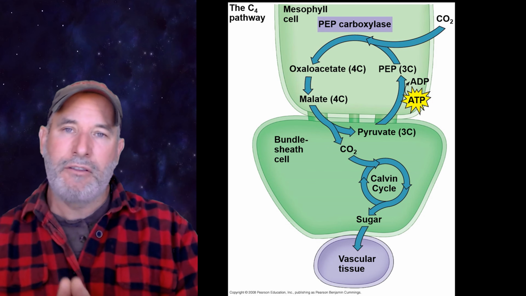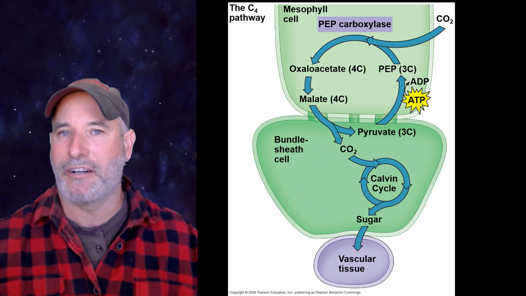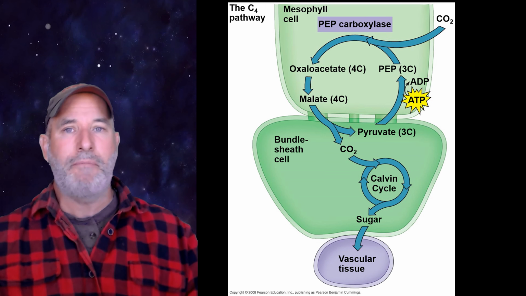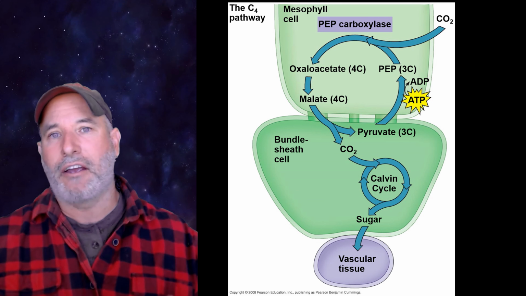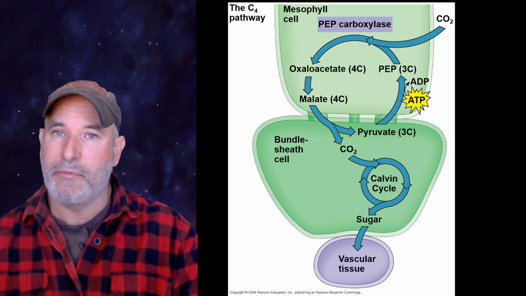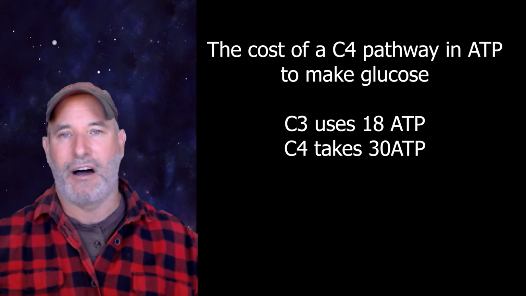So even though PEP carboxylase has zero affinity for oxygen, it requires extra energy. If you take a C4 plant and a C3 plant and give them plenty of water, it's likely that the C3 plant could outcompete the C4 pathway. But in a dry environment, the C4 plant can continue to do photosynthesis when a C3 plant cannot.